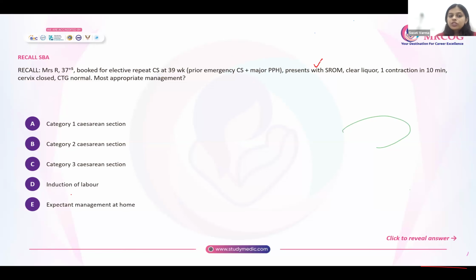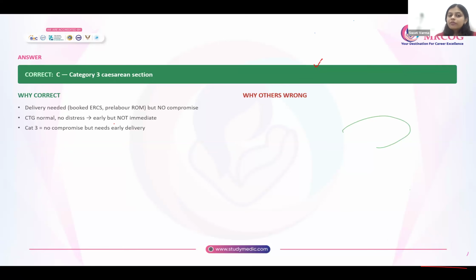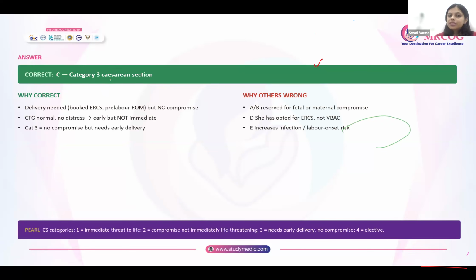Will you do expectant management or induction of labor? She was to be taken up for cesarean section, so no. Now we can take her up for category 3 cesarean section, like the scenario I showed you earlier. Here delivery is needed, no doubt, but not within 75 minutes or so. We need to do it early, but there is no element of compromise.